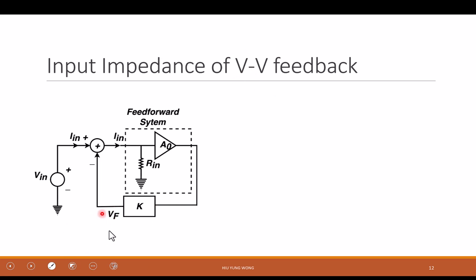Output from the feedback op amp is voltage, right? But how about for the whole circuit? What's the input? Voltage, right? Because the output of the feedback is the input of the whole circuit. So it's voltage. So when the input is voltage, as the amplifier, are you sensing or delivering voltage?